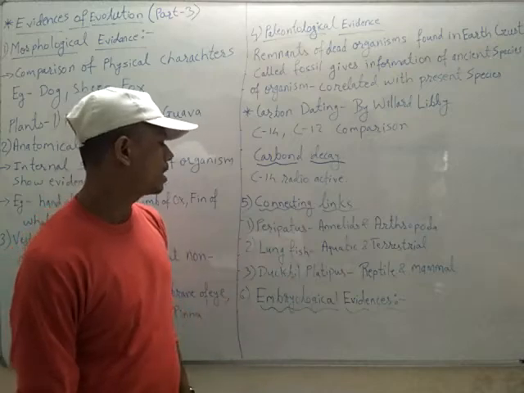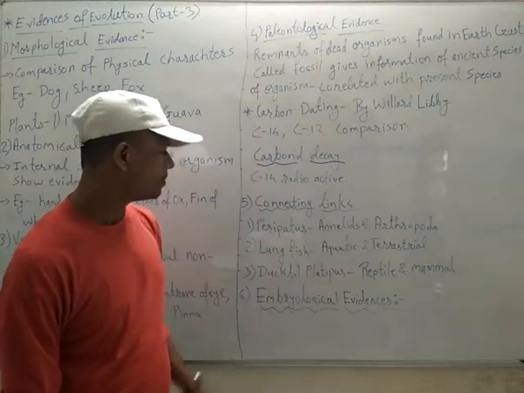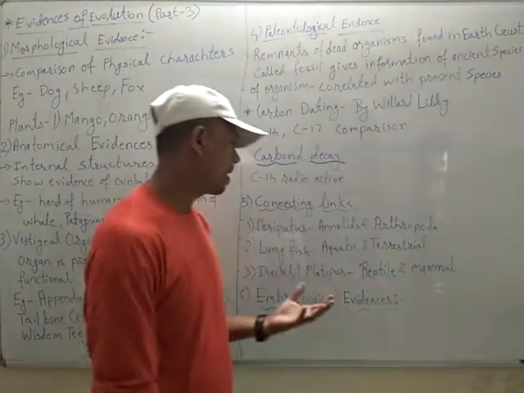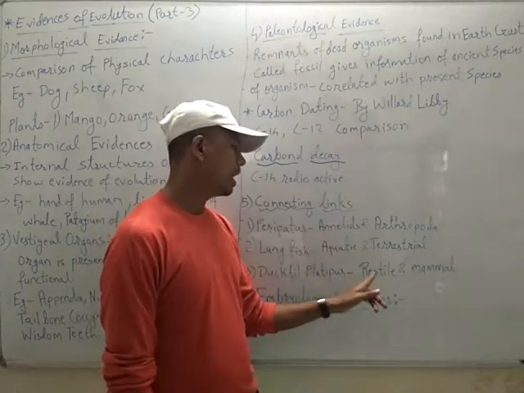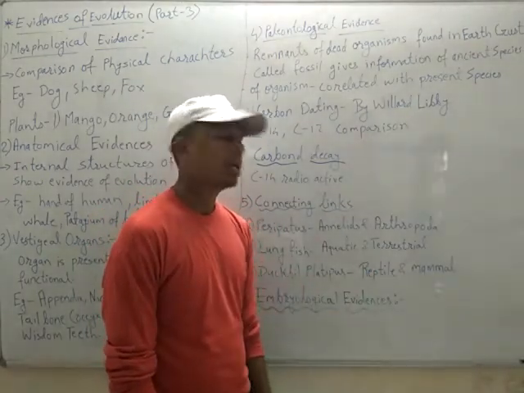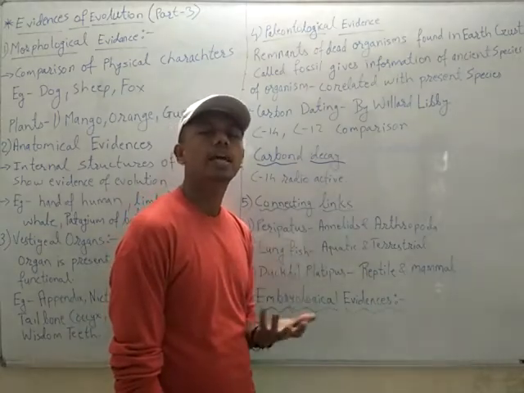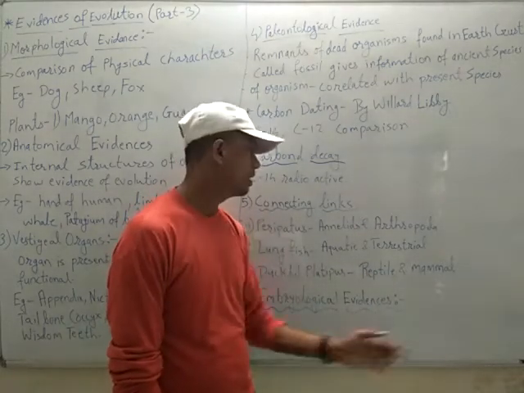The next example is the duckbill platypus. The duckbill platypus is again a very unique organism, acting as a connecting link between reptile and mammal. Why? Because a characteristic of reptiles is that they lay eggs.